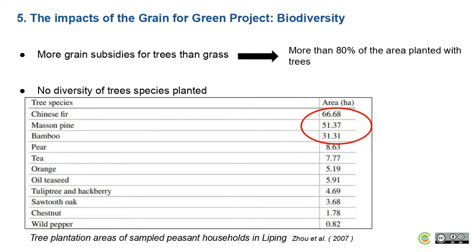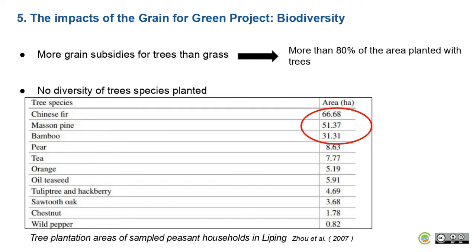And the Chinese government gives subsidies for different plantations, but the problem was that subsidies for trees were more important than the one for grass. So the consequence is that the farmers preferred to convert the area to trees rather than to grass, and the consequence was that more than 80% of the area was planted with trees.